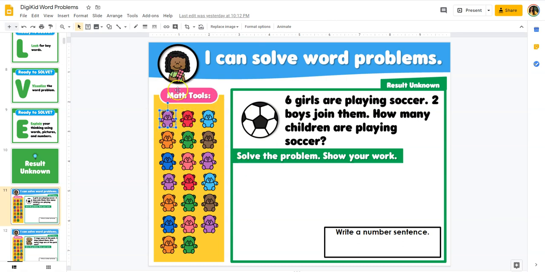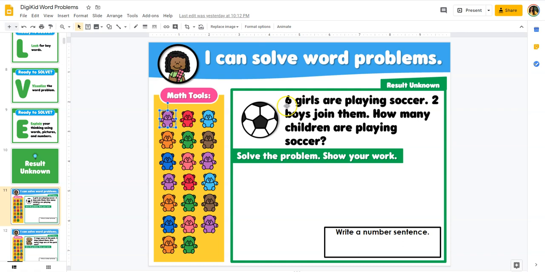So when you're working through your word problem, I would suggest first you read the word problem aloud, and then you go back and you read the word problem again, and then you maybe even read it a third time. And that will help you when you're studying that word problem to really carefully go through it multiple times. And then you're going to think about what is it asking you to do.